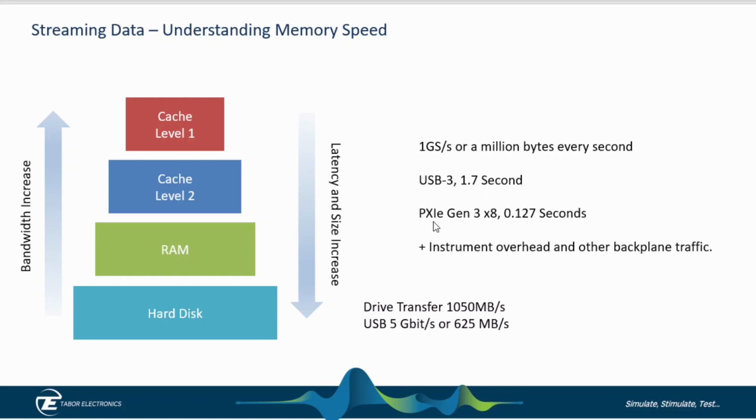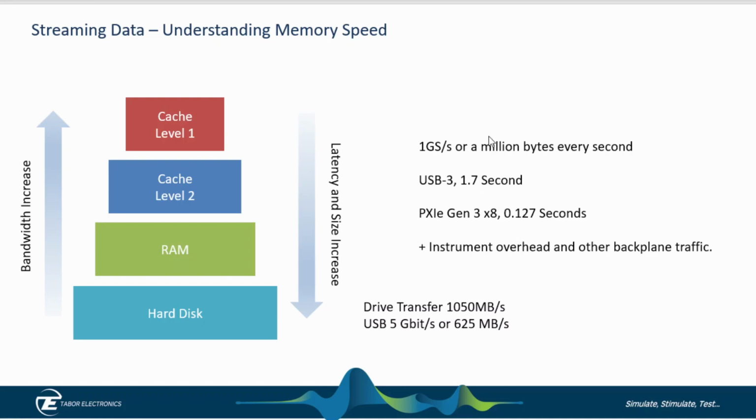There is another format called PCIe, and this is based on the PCIe standard that's used in the computer, and I'll talk a little bit about it later. But we can transfer a gigasample of data across that bus in 0.12 seconds, so our buckets are always going to be full.